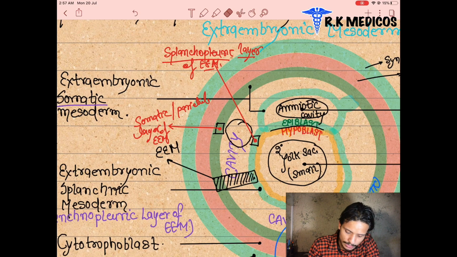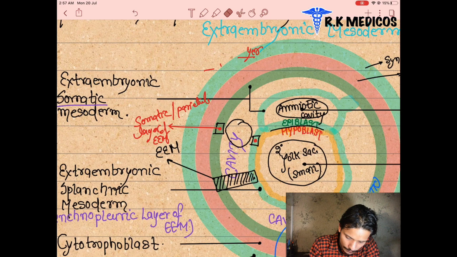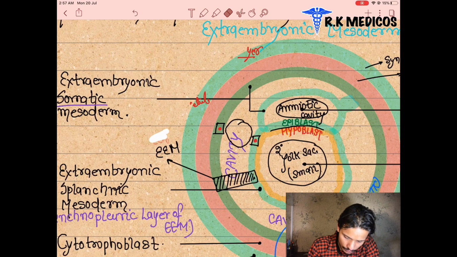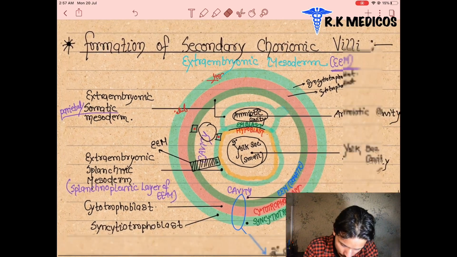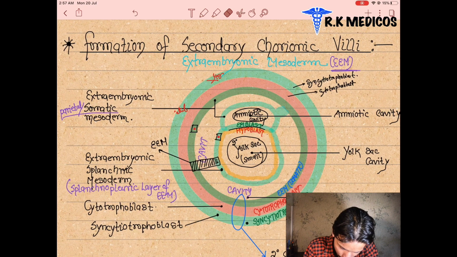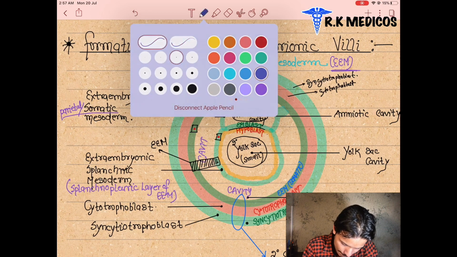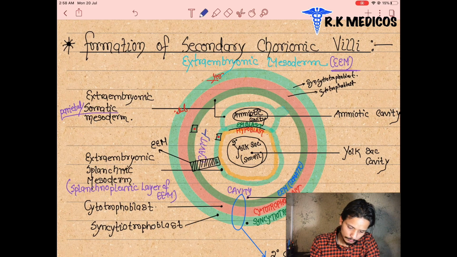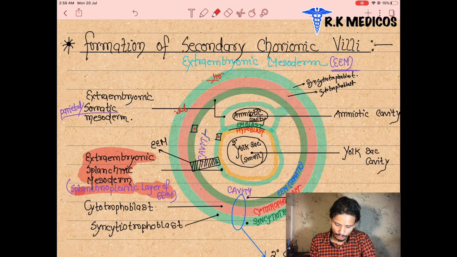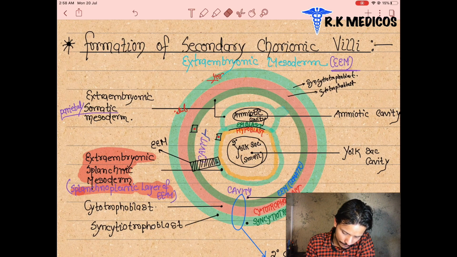So now we are going to see all these structures we just discussed. Wait a second. See here, this extra embryonic splanchnic mesoderm is also called the splanchnopleuric layer of extra embryonic mesoderm, and here is this layer.